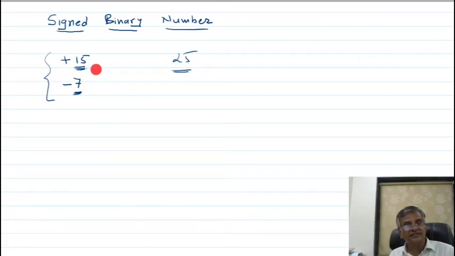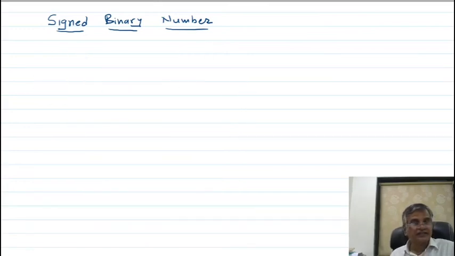In the decimal number system, the plus sign is used for positive numbers and the minus sign for negative numbers. Similarly, we have to mention some sign for a signed binary number. In an unsigned binary number, no need to mention any sign, but a binary number may be positive or negative. So for signed binary numbers, the MSB digit is used to represent the sign.